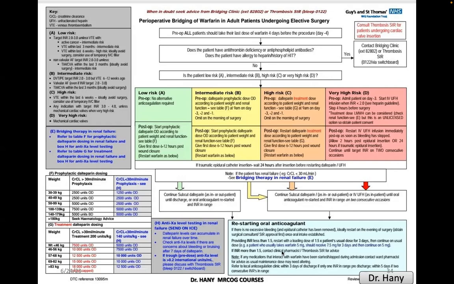After removing the epidural, 4 to 6 hours, I will start the low molecular weight heparin, prophylactic or treatment according to whether the woman is high risk or not. Then I will continue for 1 week. I cannot start the warfarin until 1 week postpartum. I will continue heparin. Why? Because the warfarin will need 2 days to start its action to get the INR 2 to 3 again.